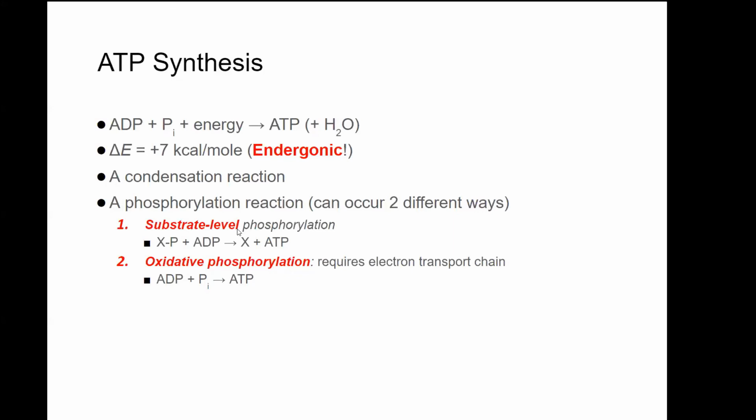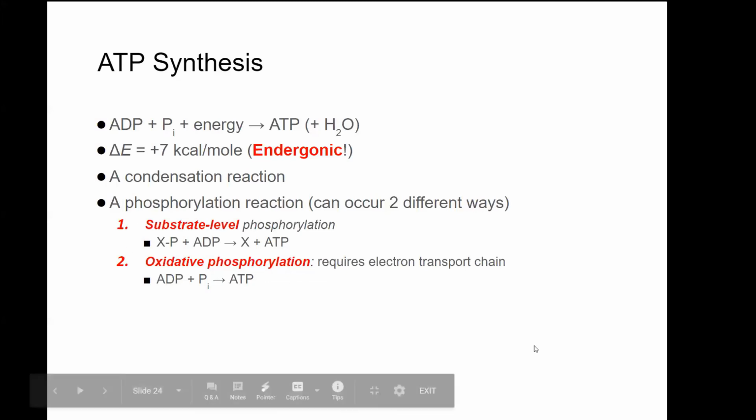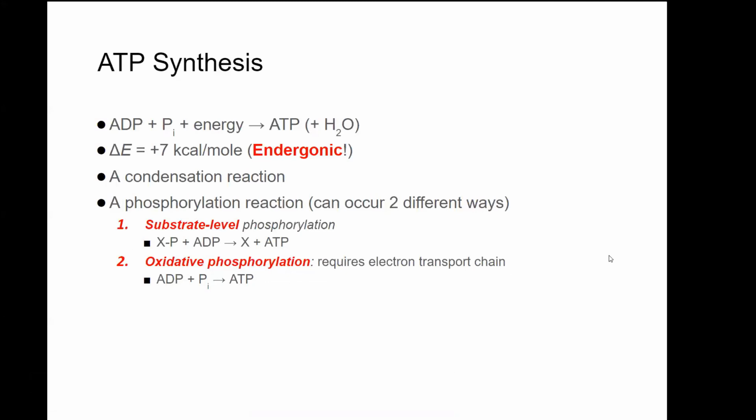In substrate level phosphorylation, we'll see a bunch of enzymes. In oxidative phosphorylation, we're going to see this electron transport cascade. That works differently, and it's going to depend on chemical gradients across membranes. As we go through the different steps of aerobic respiration, you should be thinking about whether we're making that ATP through substrate level phosphorylation or through oxidative phosphorylation.